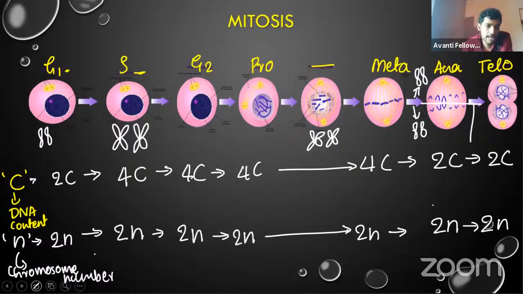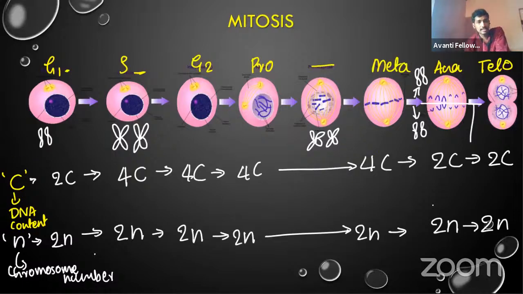So I'm writing it one more time. In the anaphase, what is happening? The centromeres are getting divided, so the chromatids are moving in different directions. So it's coming back to the initial step, right?